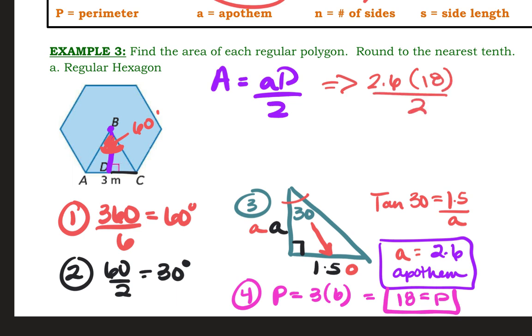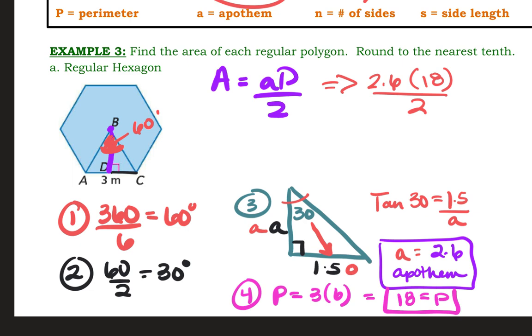Now there are several steps with these shapes, so I always box in what my final answers are so that when I'm working, I know exactly what numbers I'm using. All right, so 2.6 times 18, and then divided by 2, did we all get 23.4?